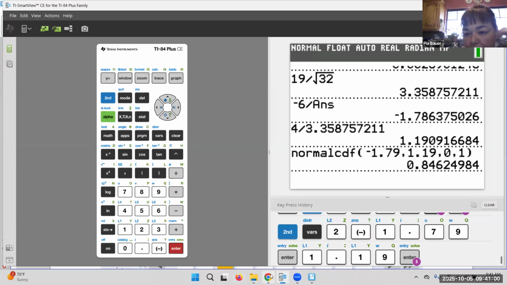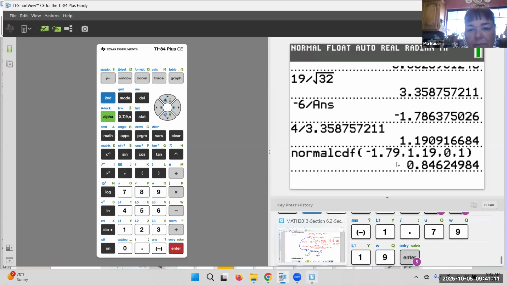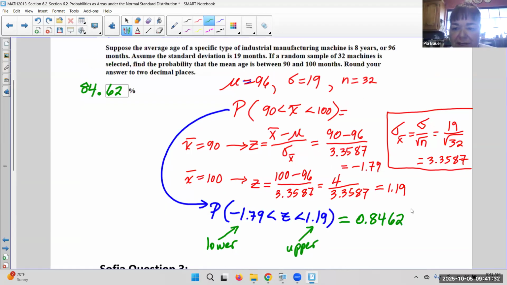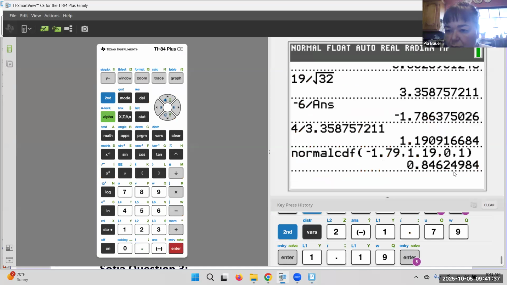And this gives you your area under the curve. And we take 4 decimal places. That will be 0.8462. And when I change it into a percent, it will be 84.62. And even if I took 5 decimal places here, I would not have been able to round the 2 up, because it would have been followed by a 4 here.